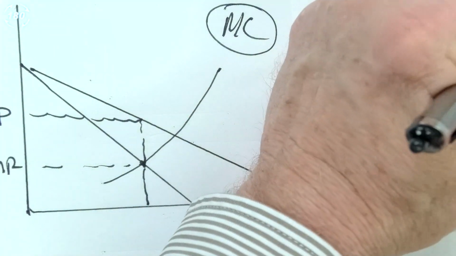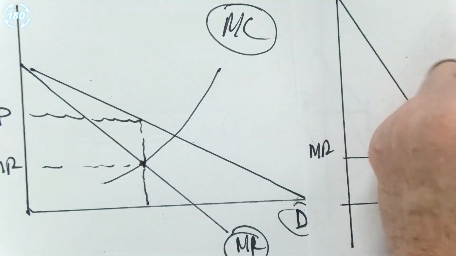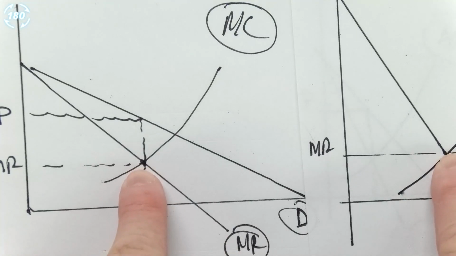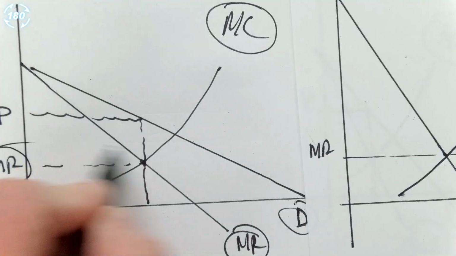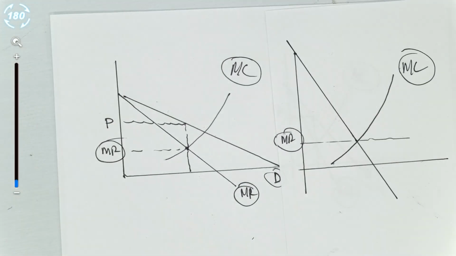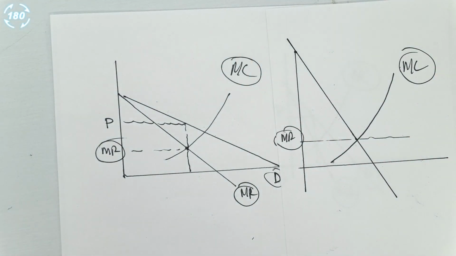Same marginal cost curve. And I probably should have drawn this first. Okay, so I got the same marginal cost here. I got the same value for the marginal revenue. Same value for the marginal revenue. It's not the same marginal revenue curve, but it's the same value. Okay, so these two are the same, and those are the same curves.